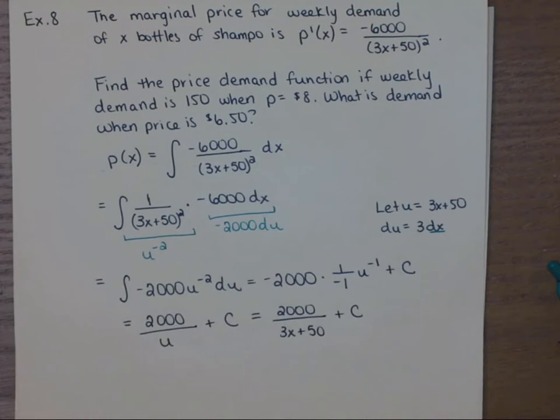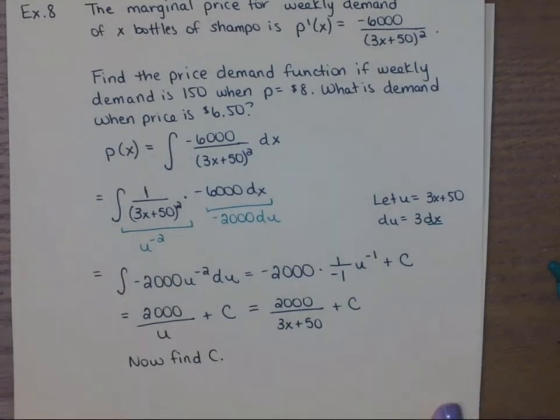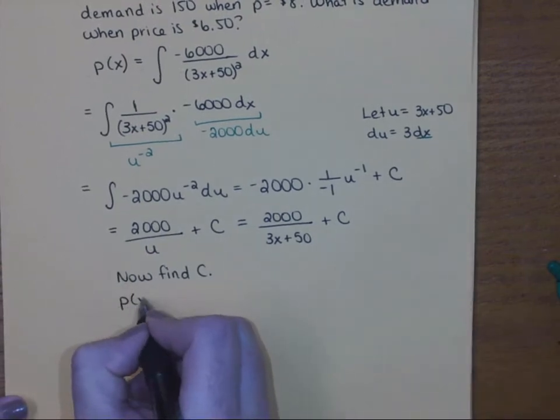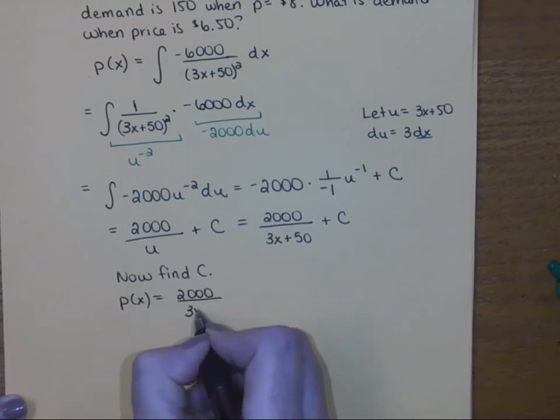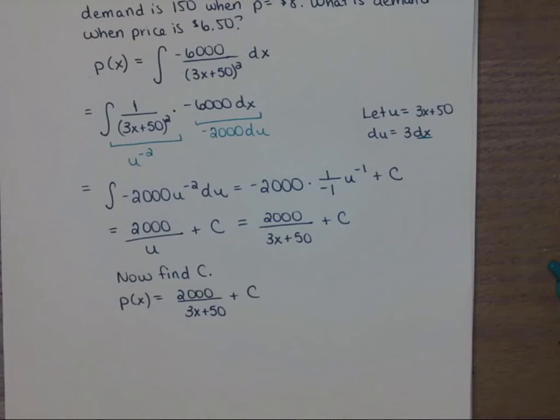But we kind of did problems like this last time. Now we just need to find c. In other words, for these application problems, we don't leave the constant as c, we actually figure out what it is. Okay, so here's what we have so far. We know p of x looks like 2,000 over 3x plus 50. We just don't know about this plus c thing.